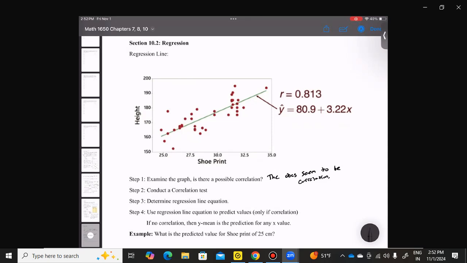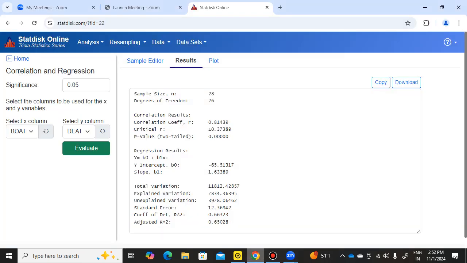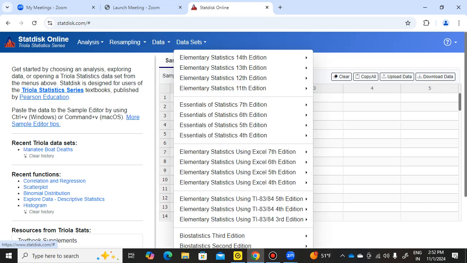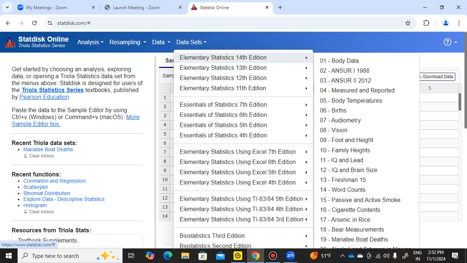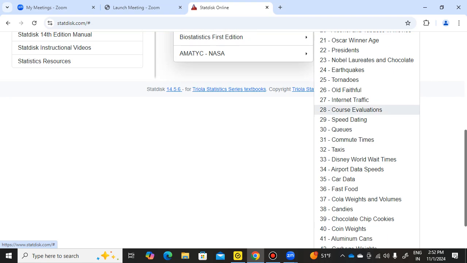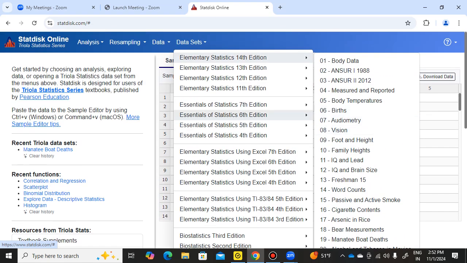Pretty sure we do have the data, so let me pull that up. So I'll go back to this, I'll delete this data. Let's go, I think it's in the 14. Maybe not.